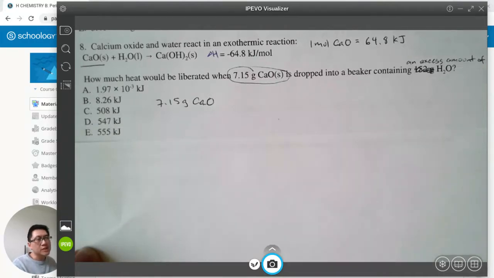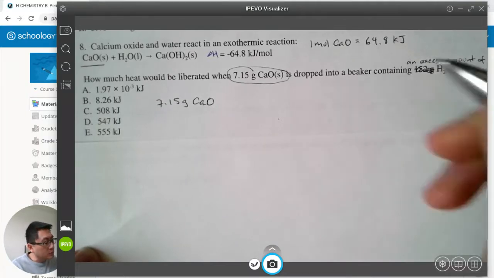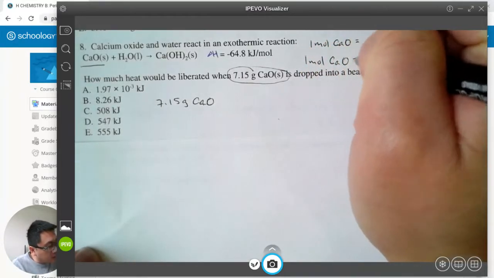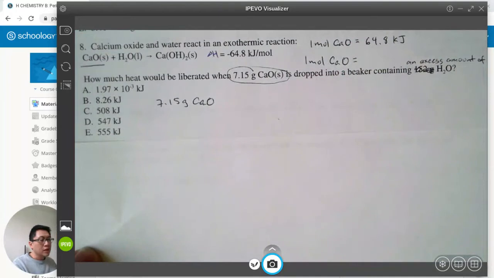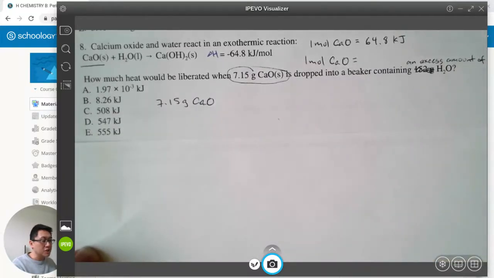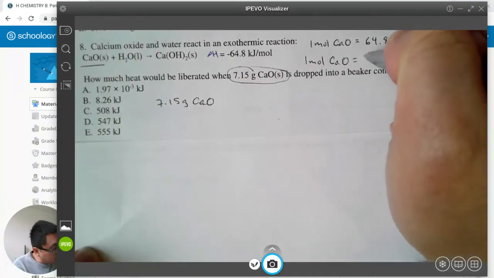This is grams. So first thing we need to do, change grams to moles. That's why we did the review on what is molar mass, or how to change grams to moles, moles to grams. First thing I define is the molar mass of calcium oxide. So the molar mass of calcium oxide will be whatever calcium is on the periodic table, whatever oxygen is on the periodic table. And on the periodic table, calcium is 40.08.